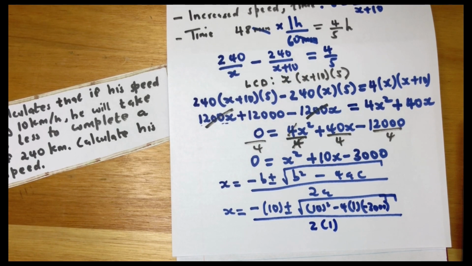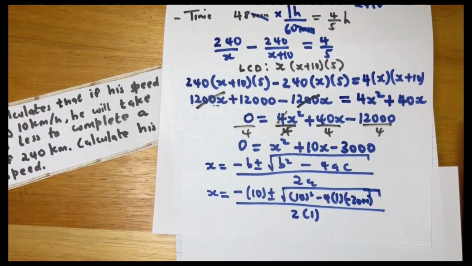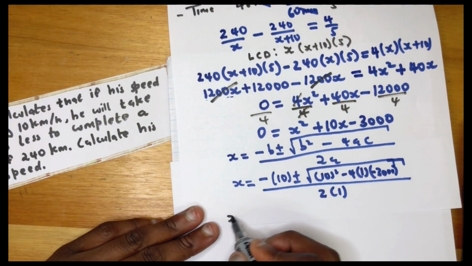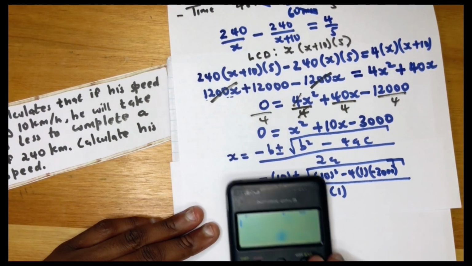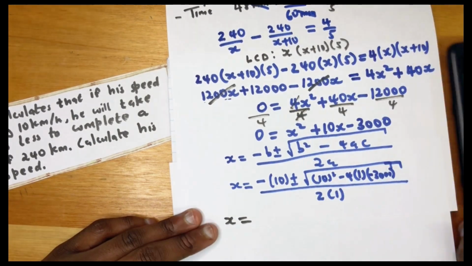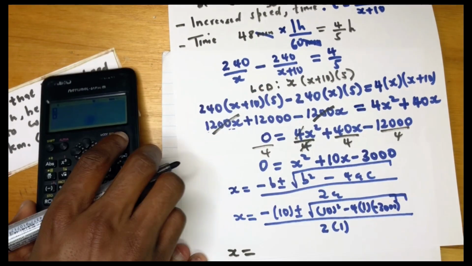So we need to find the solutions here. What I'm going to do, I'm going to press my calculator guys as it is, so I will get x1. Let's substitute, I don't have enough space guys, my table is too small.